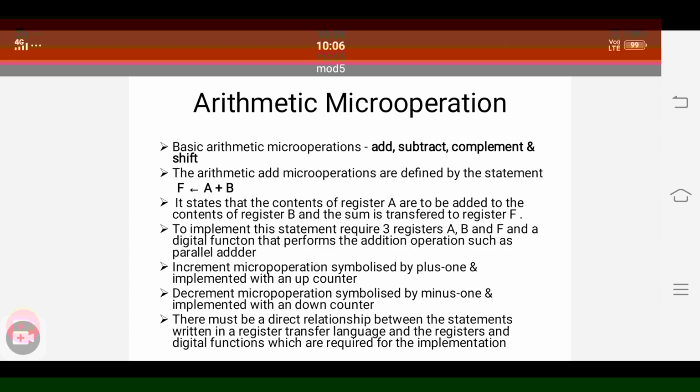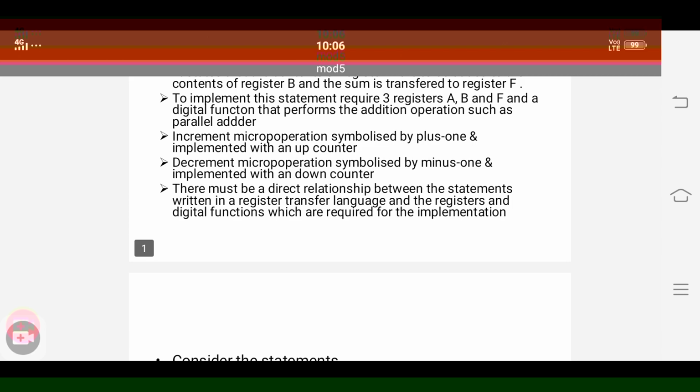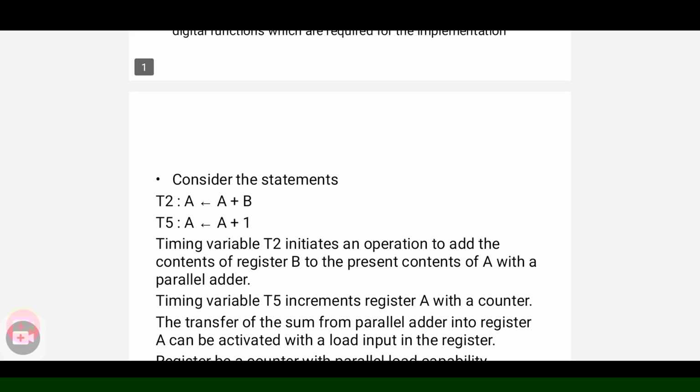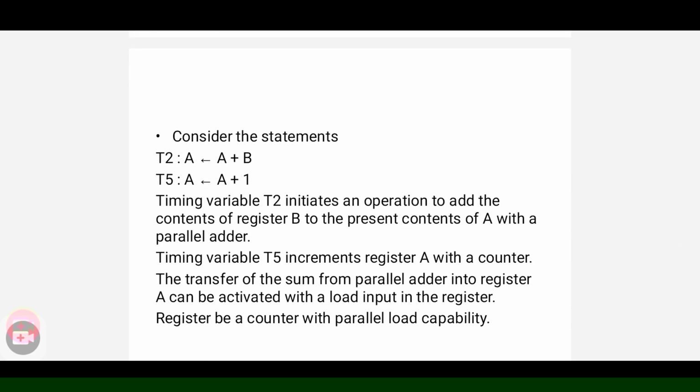Increment micro operation and decrement micro operation are another type of arithmetic operation, symbolized by plus 1 and minus 1, which are implemented using a counter. One is an up counter and another one is a down counter. So this is the basic idea of arithmetic micro operation. The basic arithmetic micro operations are add, subtract, complement, increment and decrement.